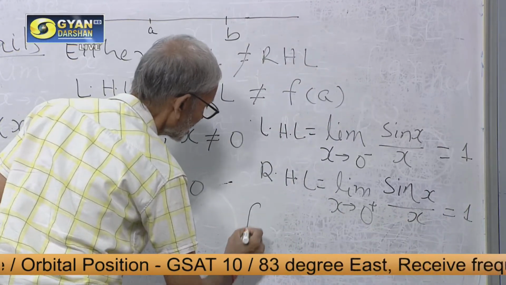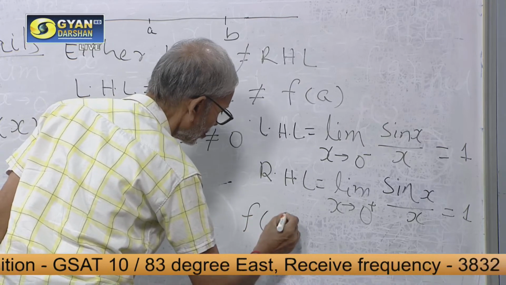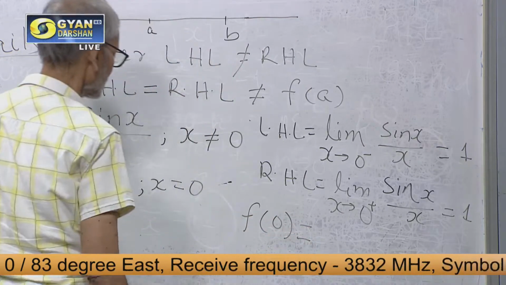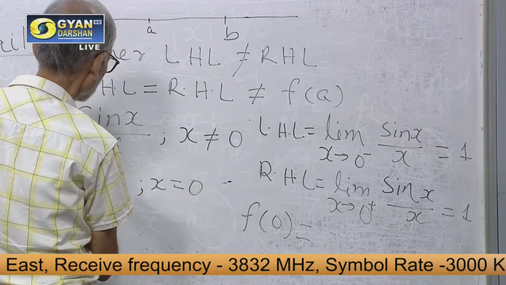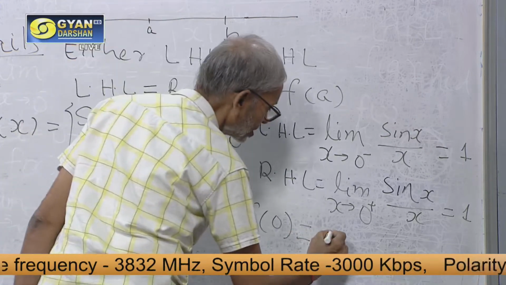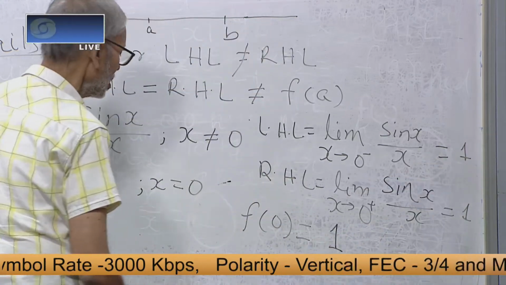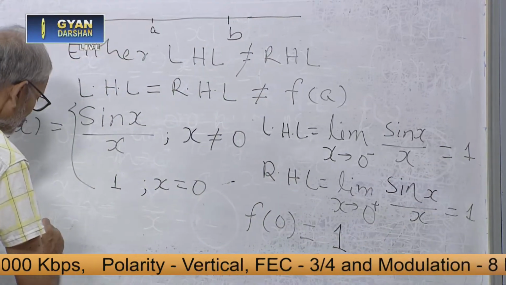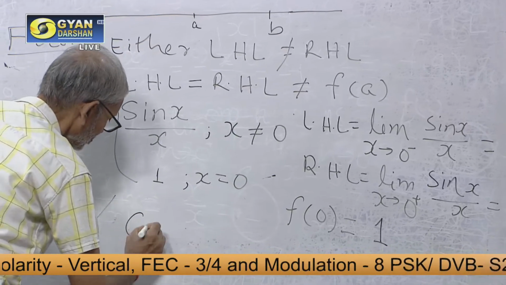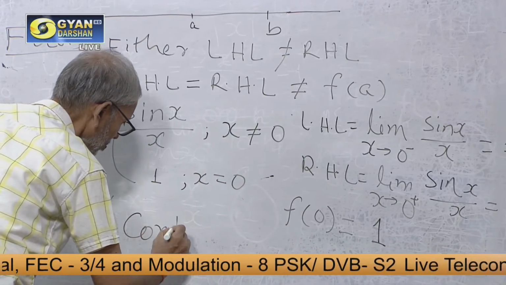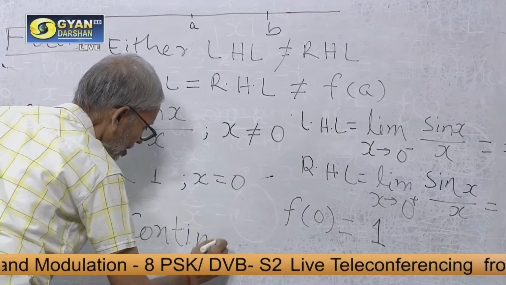And if we take f of 0, at x is equal to 0 its value is given as 1, so it is equal to 1. So, all these three values are coinciding, so it is a continuous function.